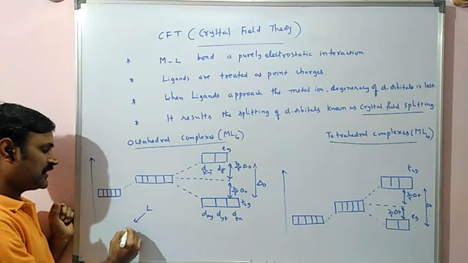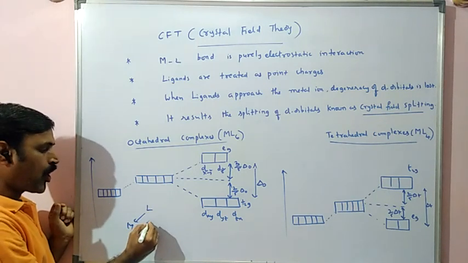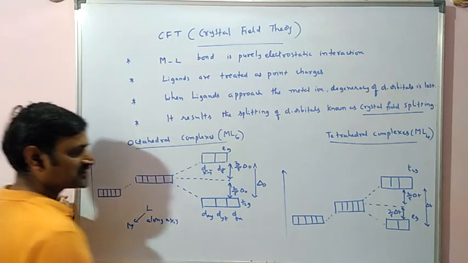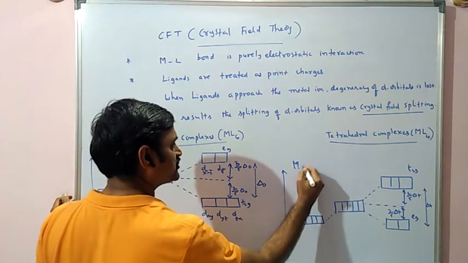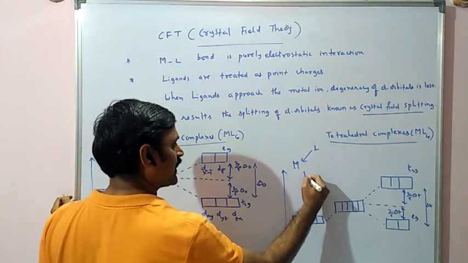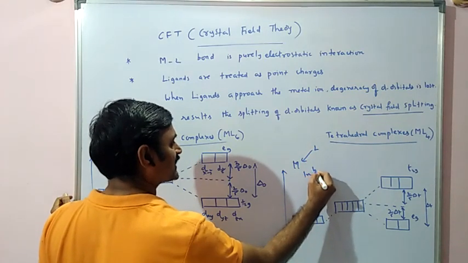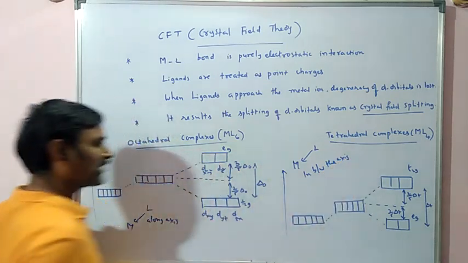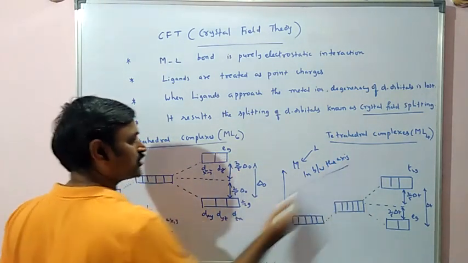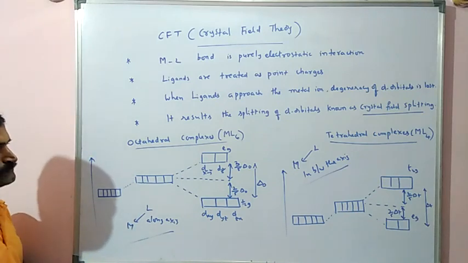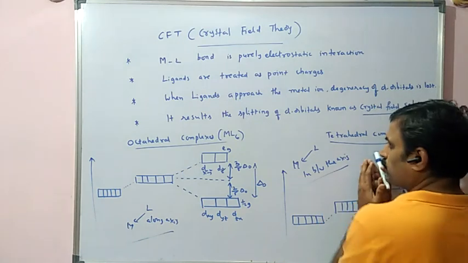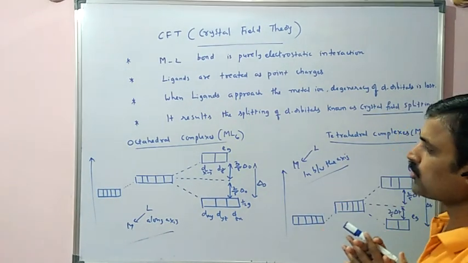Ligands are approaching the metal along the axis, or in between the axis. These are two types of things which frequently happen in the octahedral complexes and tetrahedral complexes of these coordination compounds.